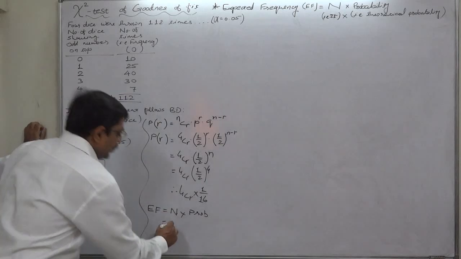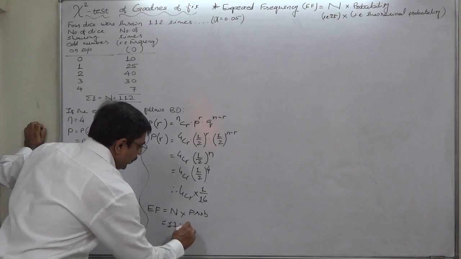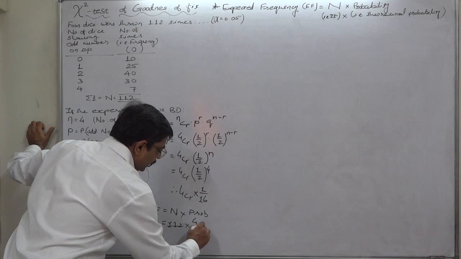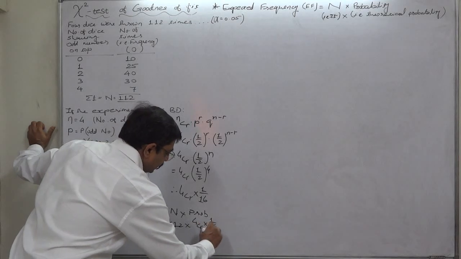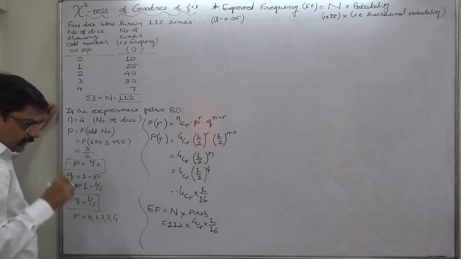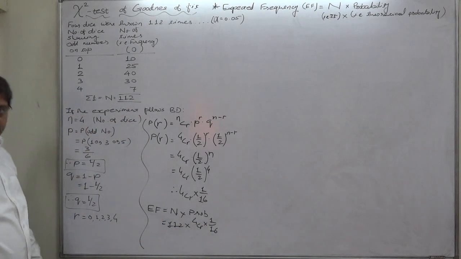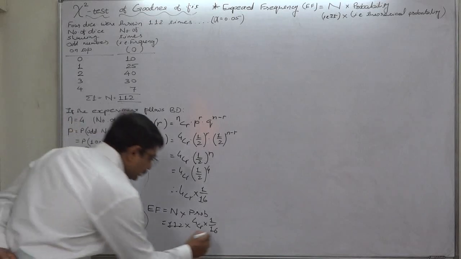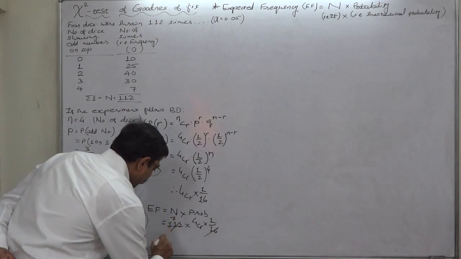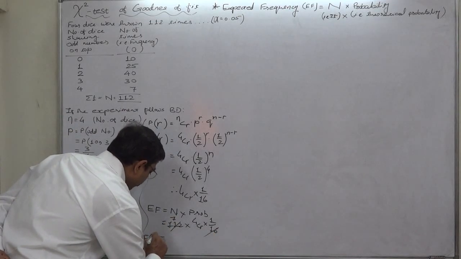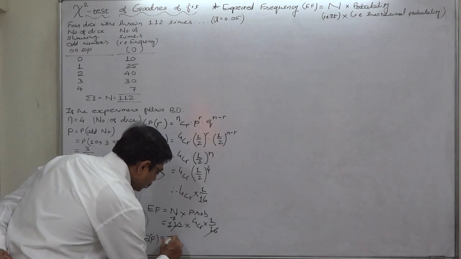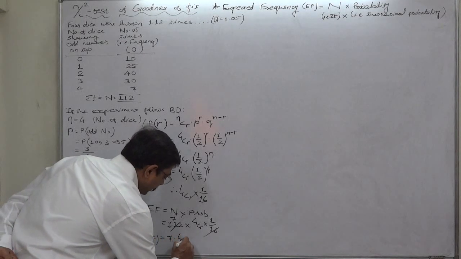And here N is 112 and probability is 4CR into 1 by 16. That means it is 112 divided by 16. Yes, 112 is 16 into 7. So ultimately the formula to calculate expected frequency is 7 into 4CR.